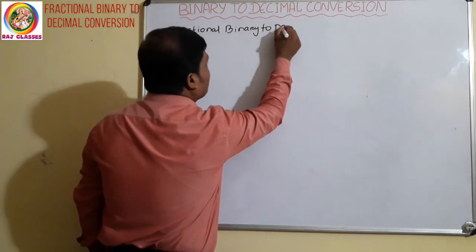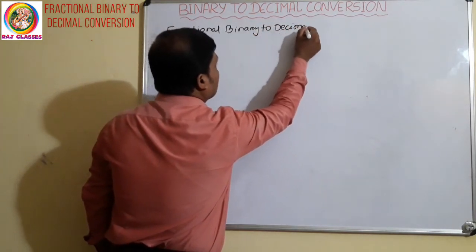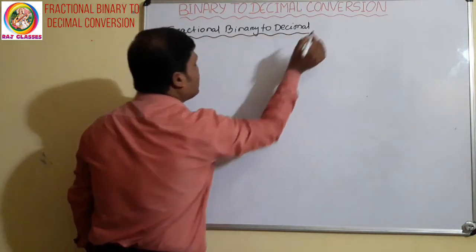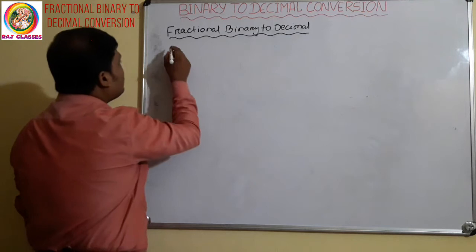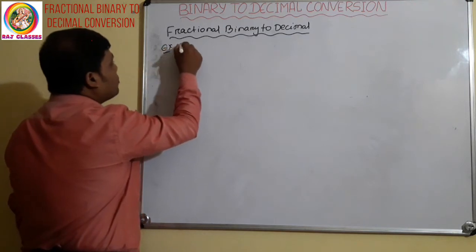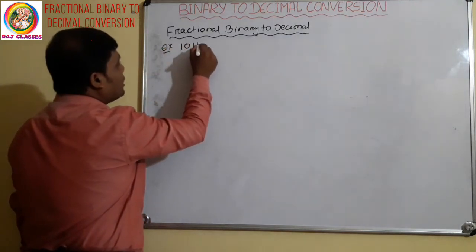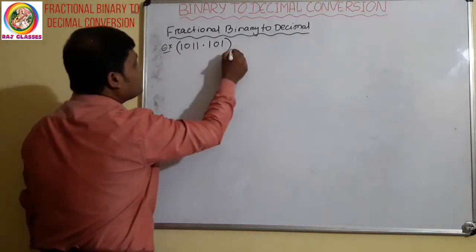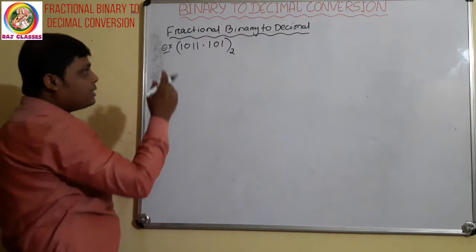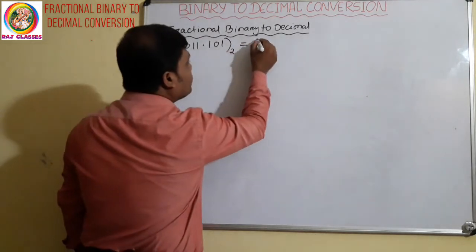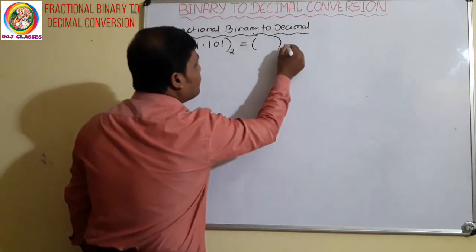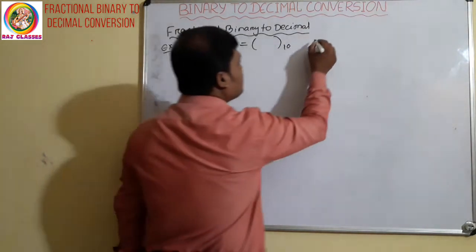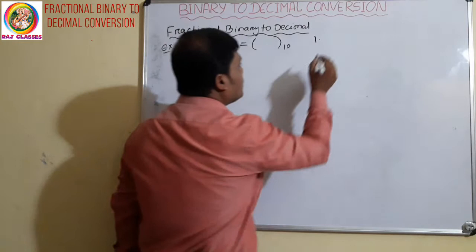Let us take one example: 1011.101, this is base 2. Base 2 means binary. Now convert it to base 10, which means decimal. Just remember how we will convert.